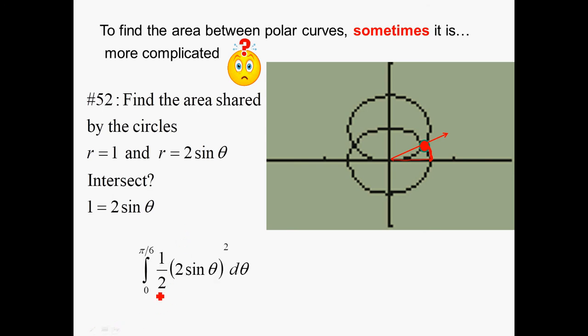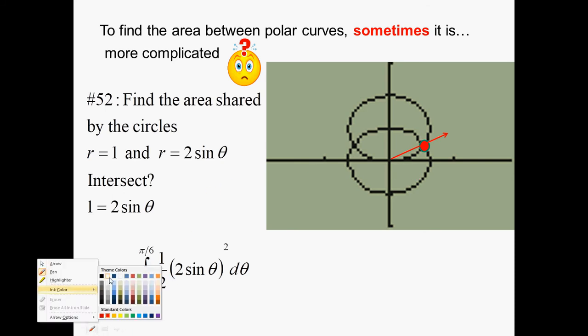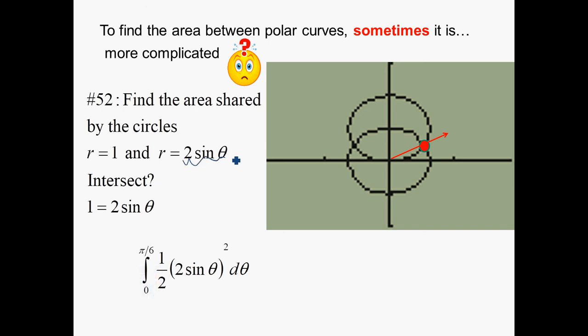But do you agree that if I say going from 0 to pi over 6 of a half of 2 sine squared theta, that's not what I have shaded there, right? What do I have shaded when I'm not on the circle r equals 1? I'm on the circle 2 sine theta. I'm on the other circle when I'm on this circle.